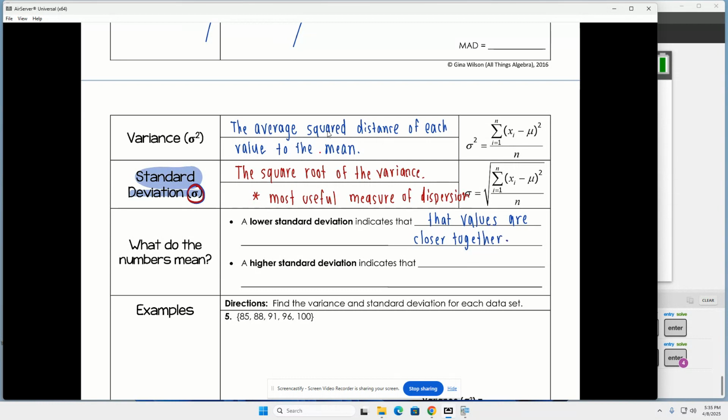And in math and in statistics, we really like that. We want our values to be really close. The higher the standard deviation, it tells me that the values are more spread apart.